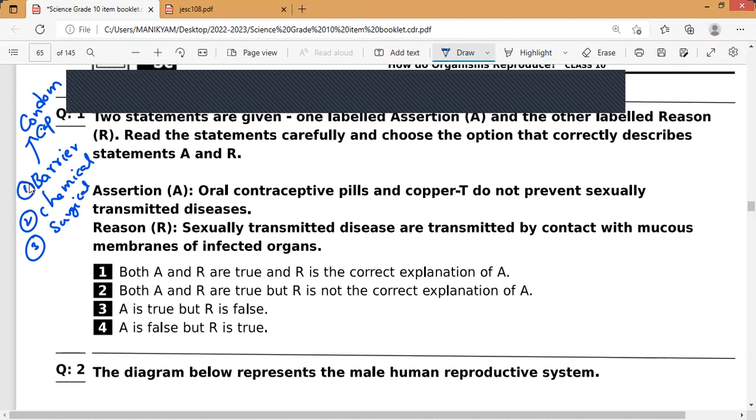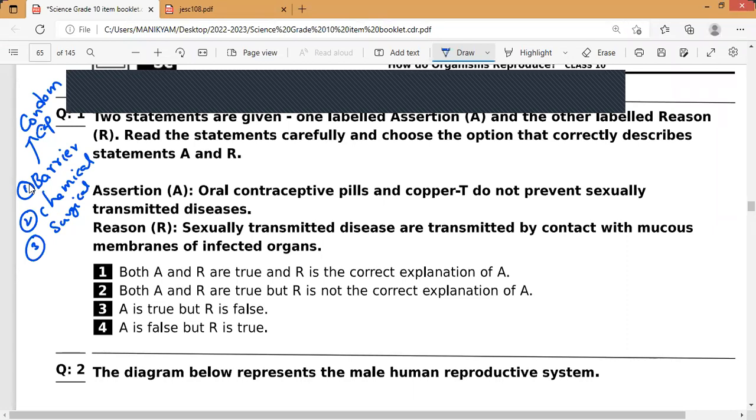An important benefit of the condom is that it protects a person from sexually transmitted diseases such as gonorrhea, syphilis, and AIDS.